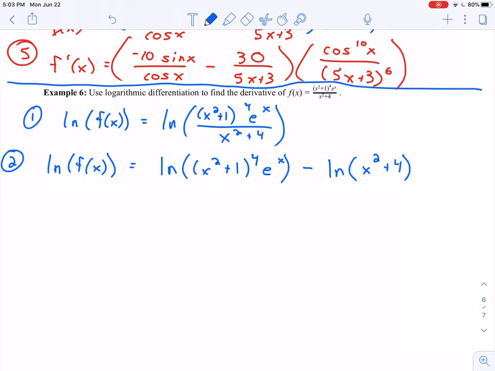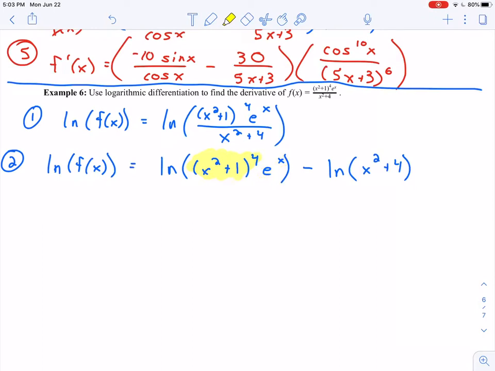So here is the first step, but I'm not done. I can actually still simplify this a whole lot more. And I'm looking at this first logarithm in particular. I see x squared plus 1 to the 4th power times e to the x. Again, read that out loud to yourself if you need to. Say what you're doing. You're multiplying those two together.